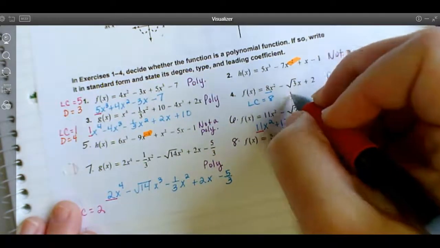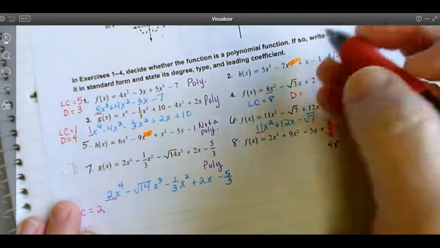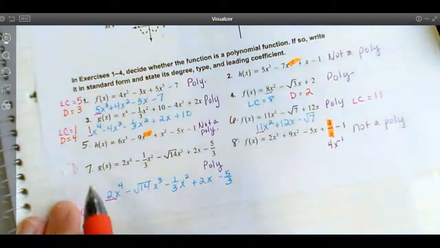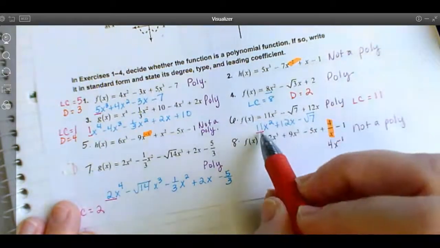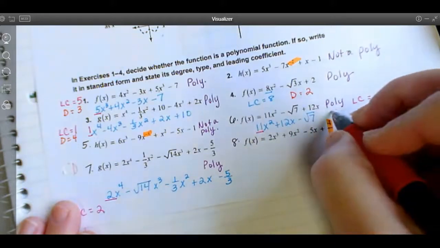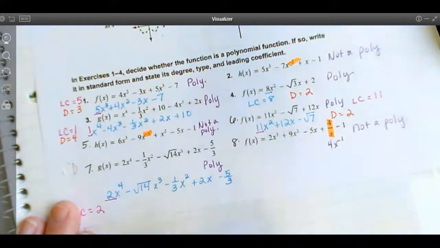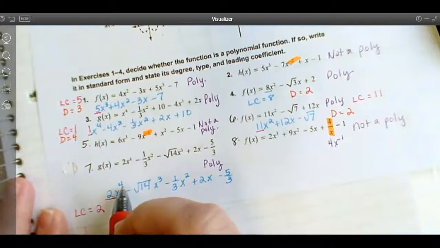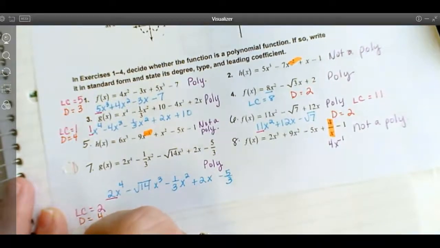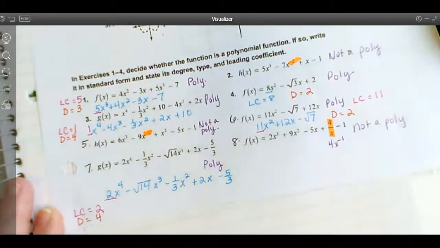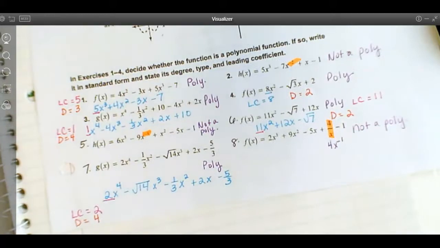On number 4, the highest power is 2. It's just that power at the beginning. Number 6, the highest power is 2. Number 7, the highest power is 4. And number 8 wasn't a polynomial. So degree is pretty easy after the things are in standard form and you just look for the highest power.